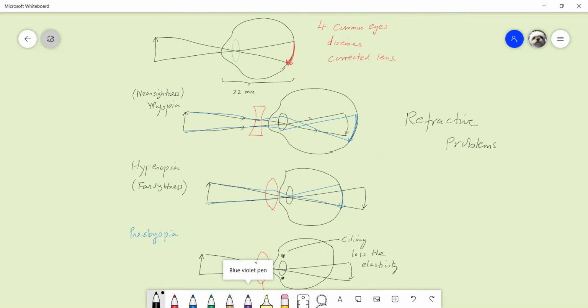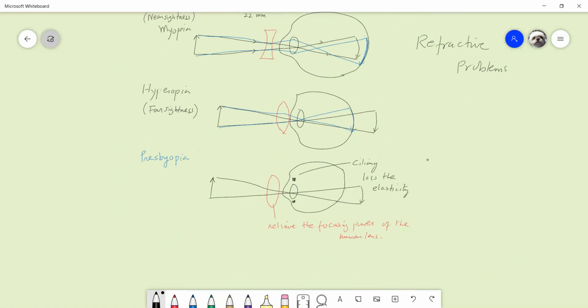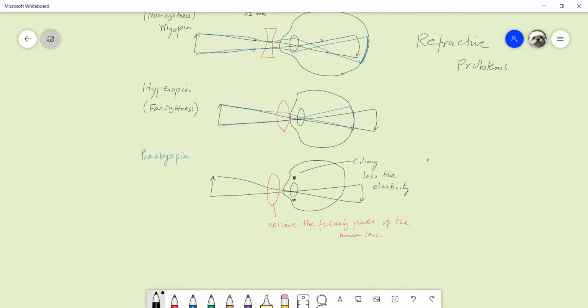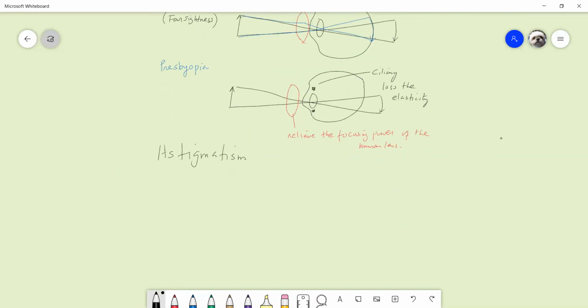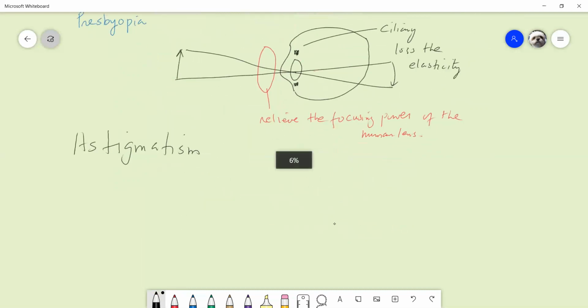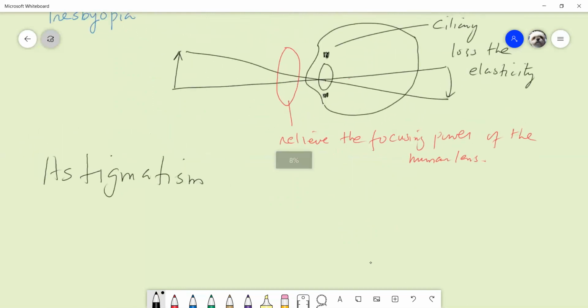Okay. Now, another type is called astigmatism. You heard about that? Now, what is astigmatism? The problem of astigmatism is caused by your lens. No, I should say your cornea.